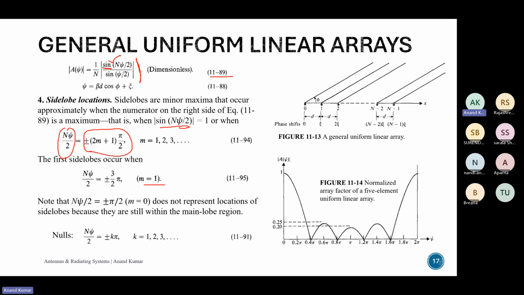You have to note that for m equals 0, there is no side lobe because it is still inside the main lobe, because the first null occurs at n psi by 2 equal to plus minus pi, and we cannot have a side lobe before the first null.